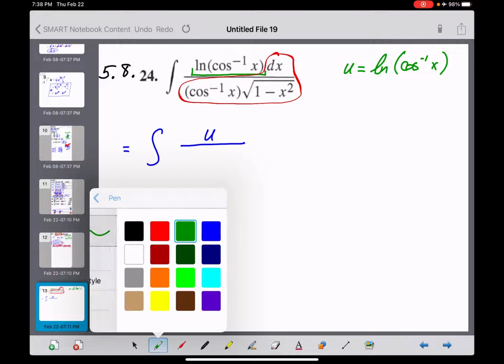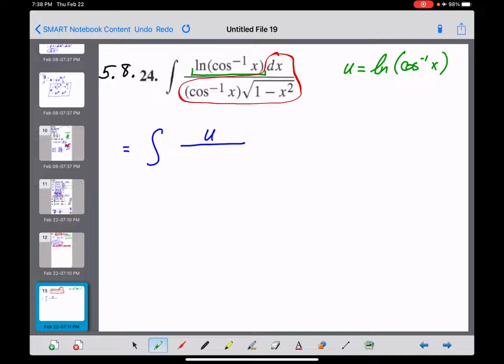Okay, so I'm going to change back to green here. And when we go to take the derivative of both sides of this equation, let's think. How do we take the derivative of natural log of anything? Well, if we remember this from chapter 3, it is going to be 1 over whatever product you were taking the natural log of. So in this case, it's 1 over the inverse cosine of x.